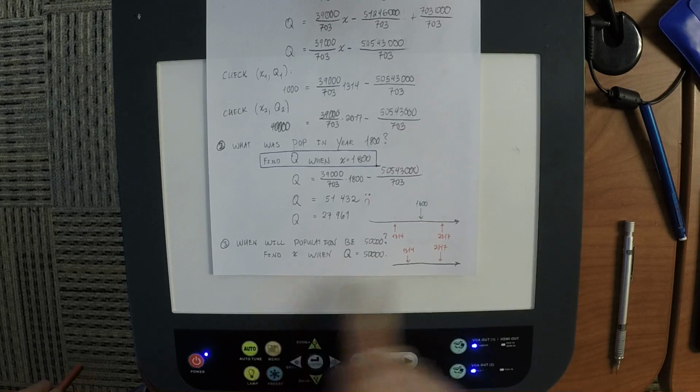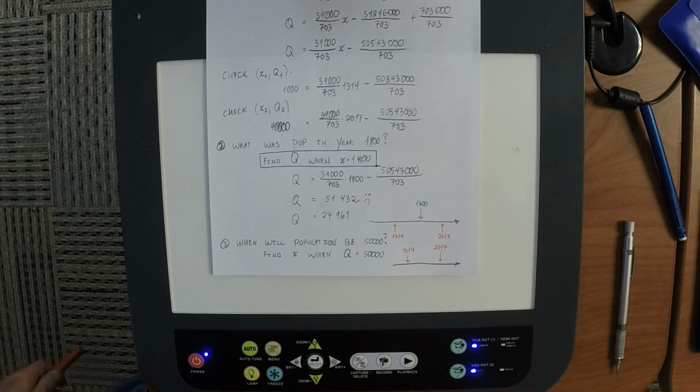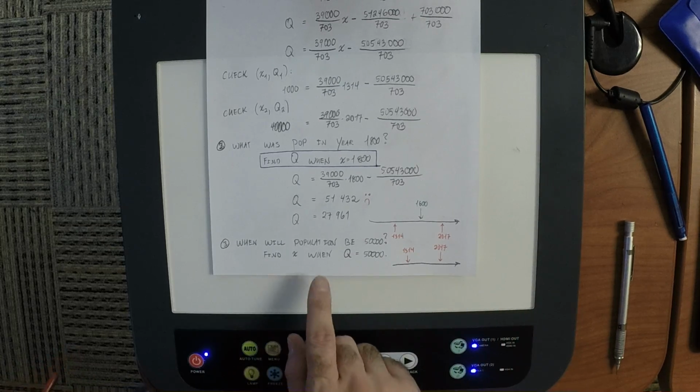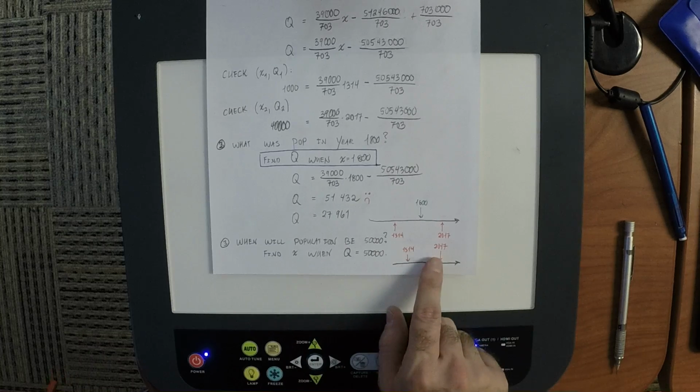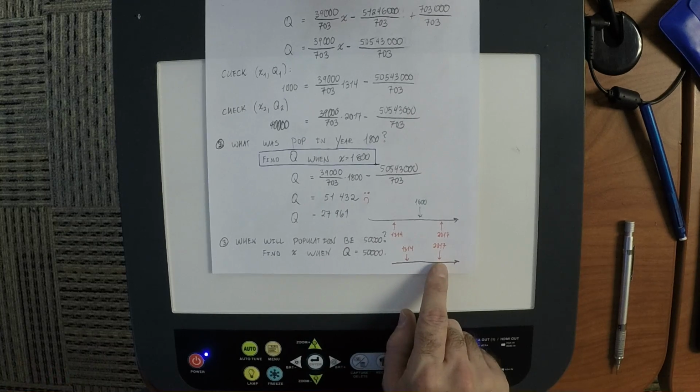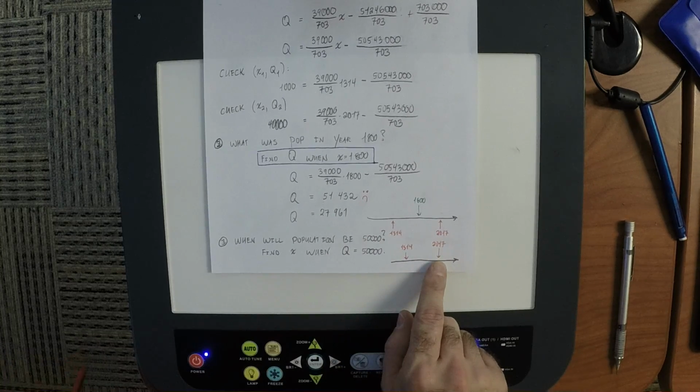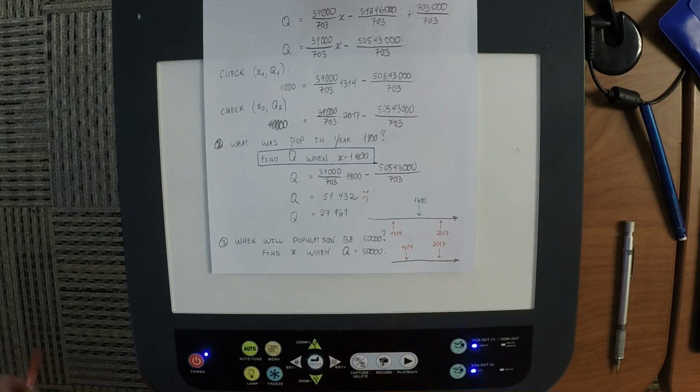The rightmost region. It surely must be there. Why? Because at this right point, the population is 40,000, and we're asking about when it's 50,000. So surely it's over here on the right. If you were to respond with an answer that wasn't in the right region, it would be wrong, and not a little wrong, but utterly wrong. Okay?